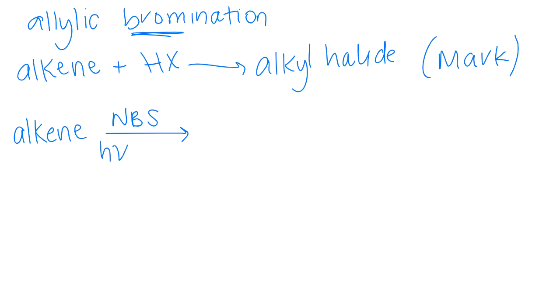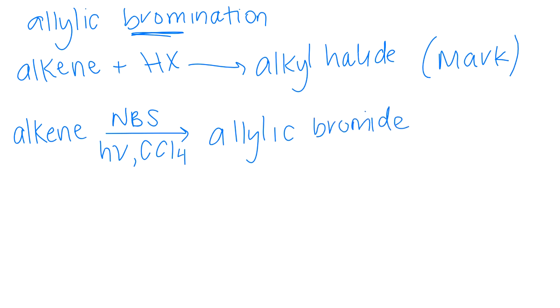We represent light as h nu, which you might remember from general chemistry means Planck's constant and frequency. Then we could put it in some kind of solvent like carbon tetrachloride, and we'll end up with this allylic bromide.